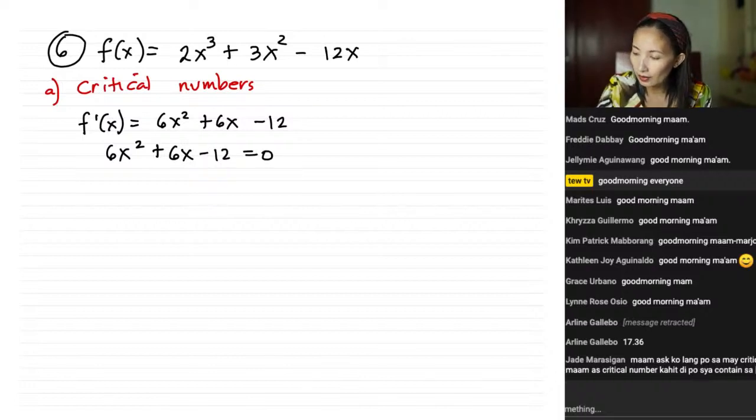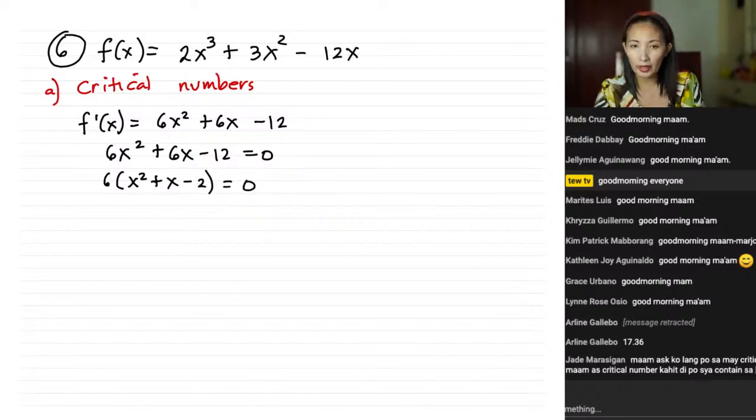Now, we could factor this out. 6 is common to all 3 terms, so we divide both sides by 6, leaving x squared plus x minus 2 equals 0. This is quadratic and it's factorable.